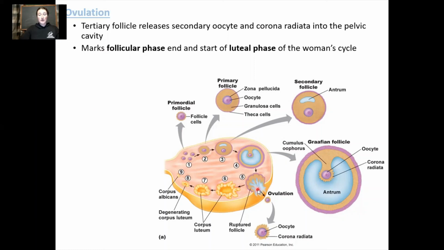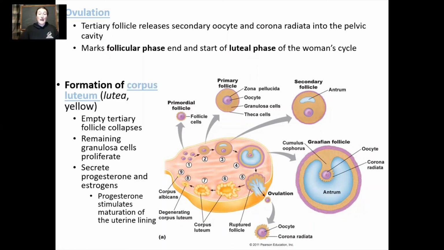Ovulation is triggered by a huge spike in LH and, to an extent, FSH. The follicle that's left behind in the ovary is going to become something called the corpus luteum. That is the beginning of the luteal phase, because the corpus luteum is going to be regulating what happens next. So the tertiary follicle itself is going to become the corpus luteum.